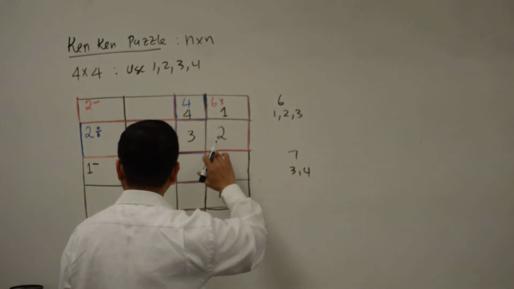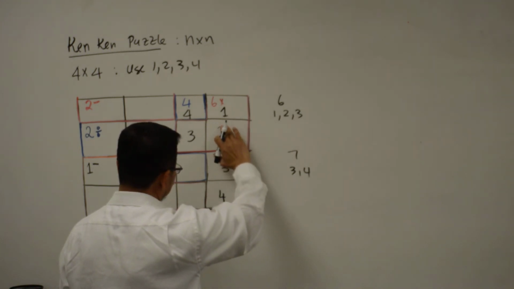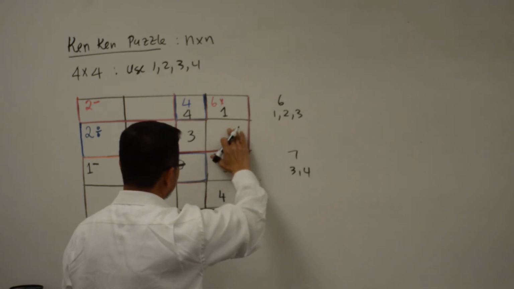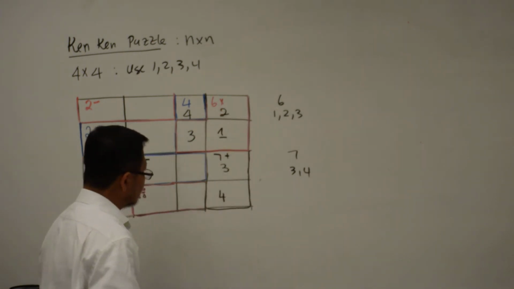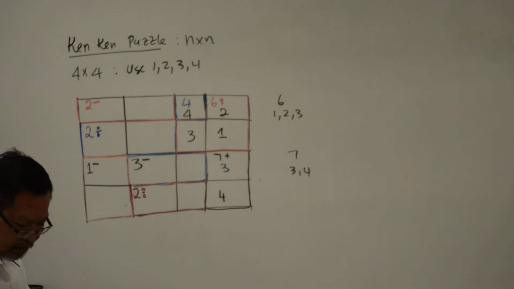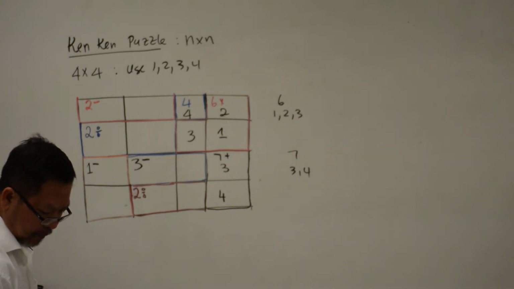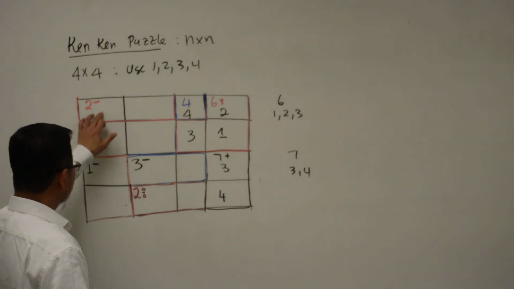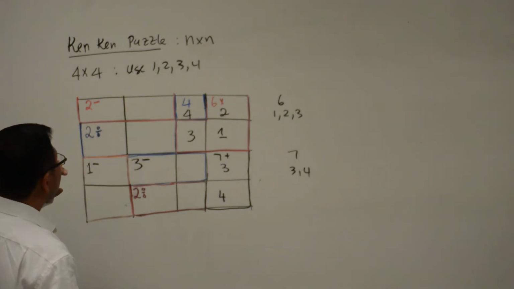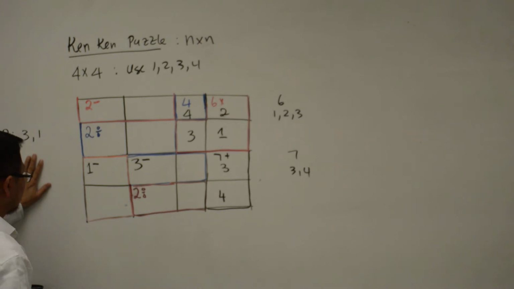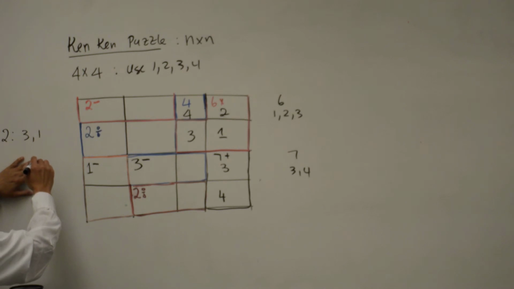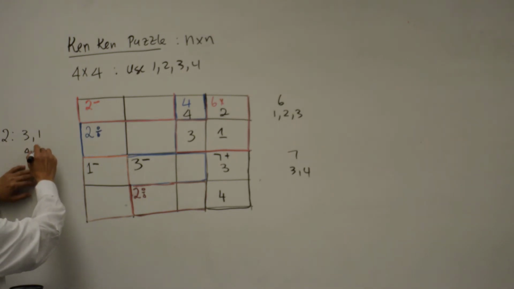Or I can pick, okay, let's change this one. Let's say I pick this one 1 and this one 2, right? Let's try that. Now let's solve for 2. For 2 you can have 3, 1, or you can have 4, 2.